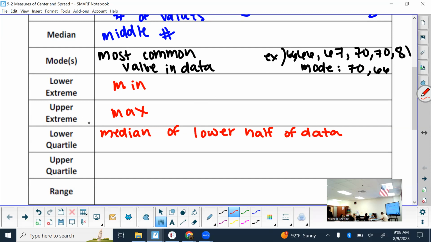What did we call it earlier? Q1 or first quartile. So maybe I'll put lower / first. And then I'll also put Q1 here. They all mean the same thing. Like the first quarter of your data.